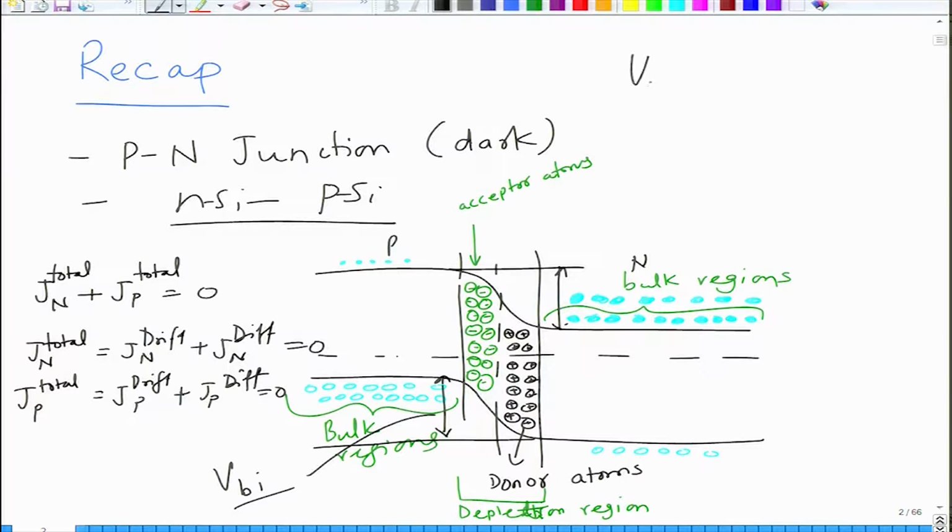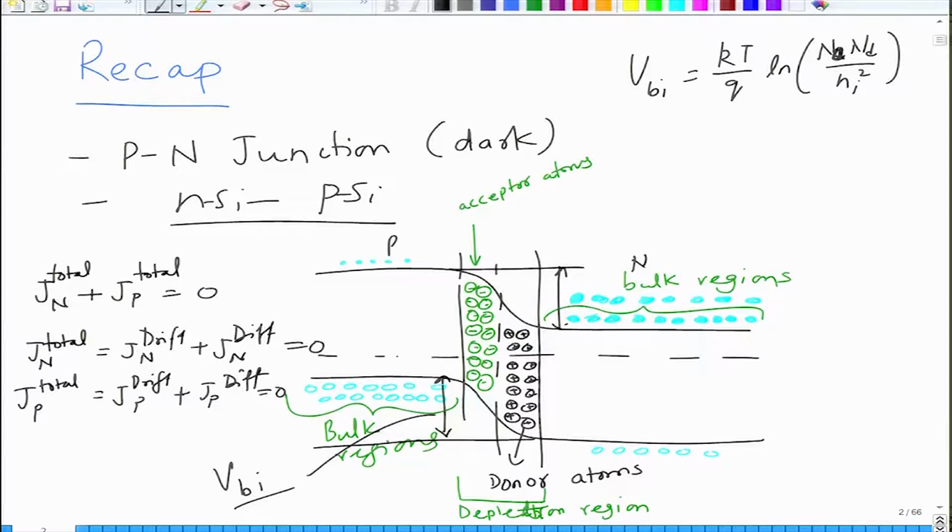As we saw last time, this VBI was determined by equating the Fermi levels on both sides, and it turns out to be kT/q ln of Na times Nd divided by Ni squared. So, the built-in field increases as you increase the acceptor and donor dopant concentration in the semiconductors. This is what we did last time.